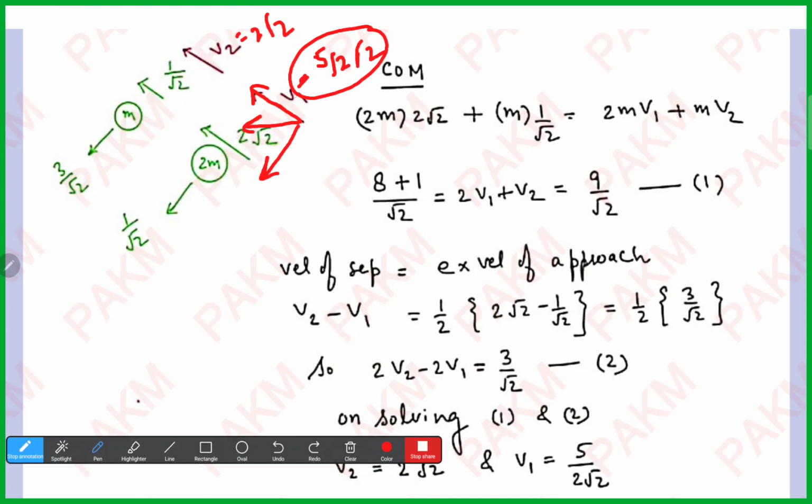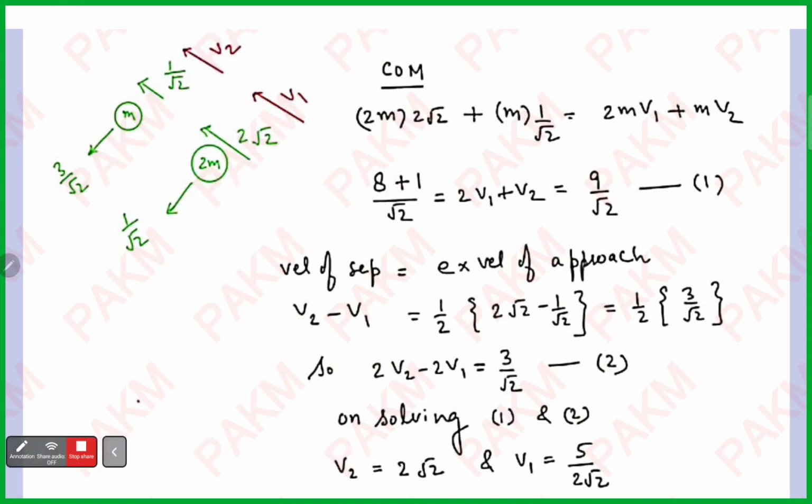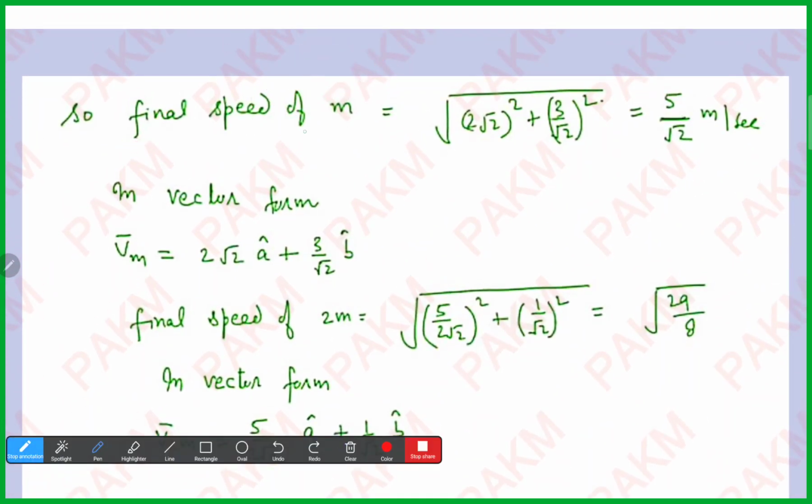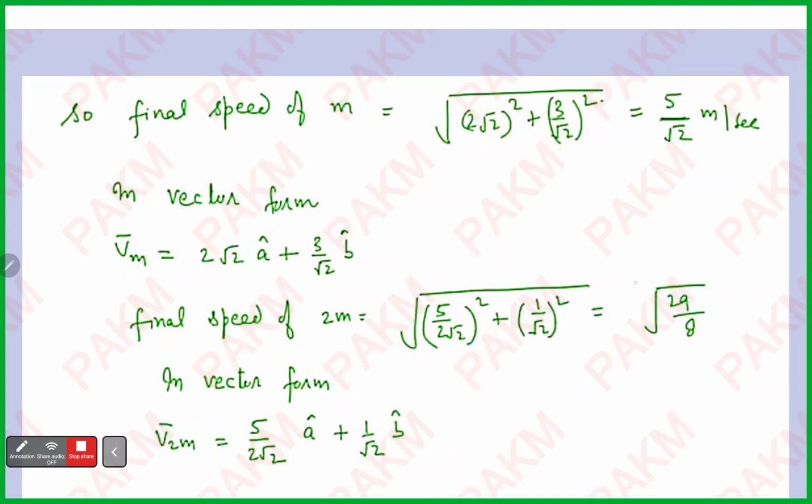Once we take the resultant, we get the resultant velocity of m2 and of m1. So here we have calculated the resultant velocity of m and of 2m. These are respectively the velocities of m and 2m in vector form. And if you are looking for total velocity, we can take the square and square root, so we get the resultant velocity.